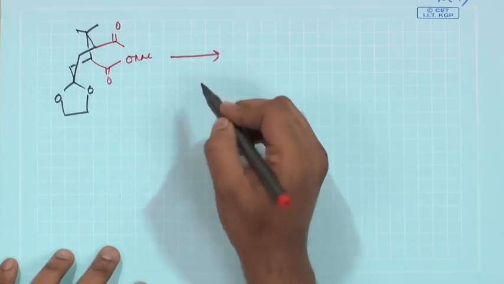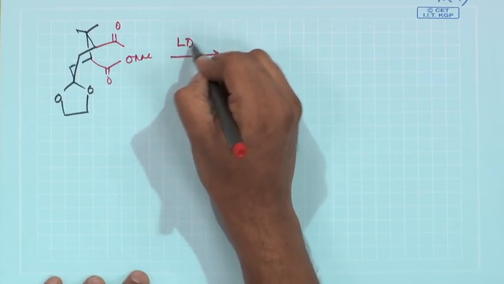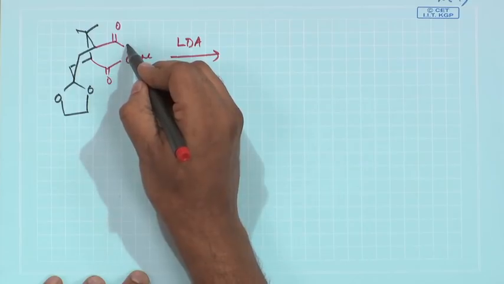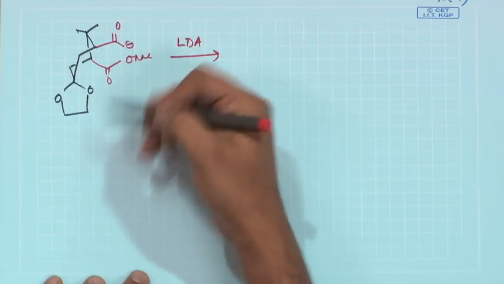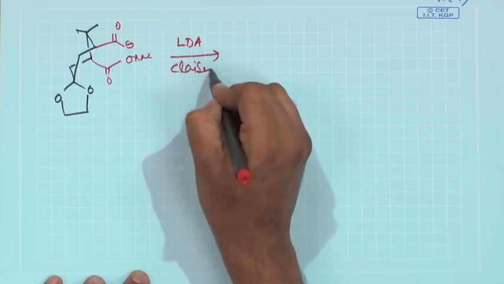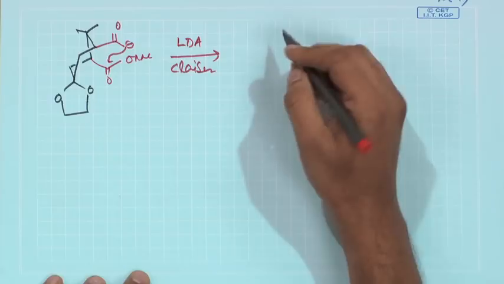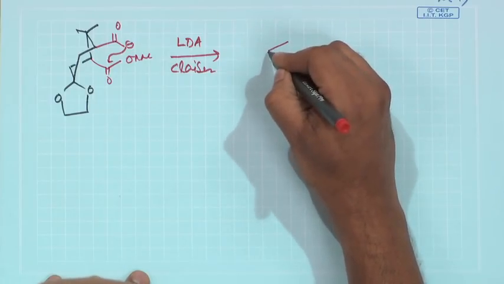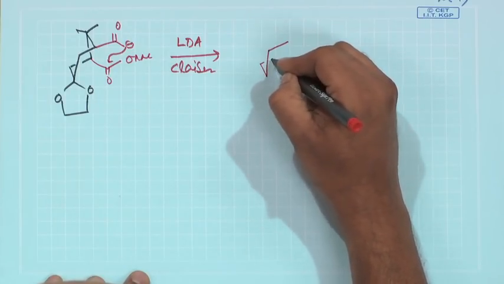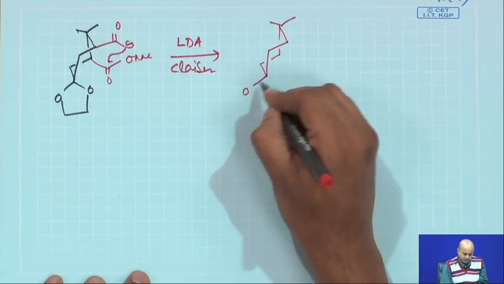So, if you treat this compound with a base, it basically picks up this hydrogen and will undergo an intramolecular Claisen type reaction. So, the carbanion attacks here, OMe goes off, and you basically get the corresponding diketone, which is required as an intermediate.